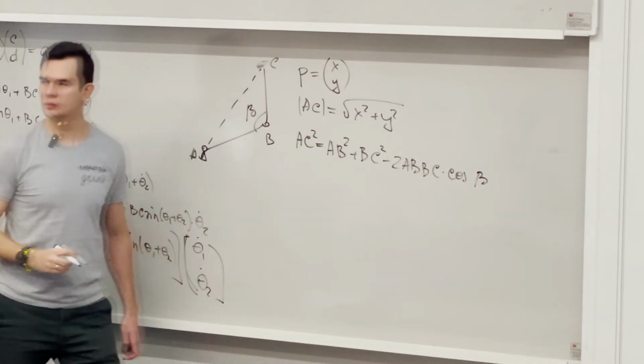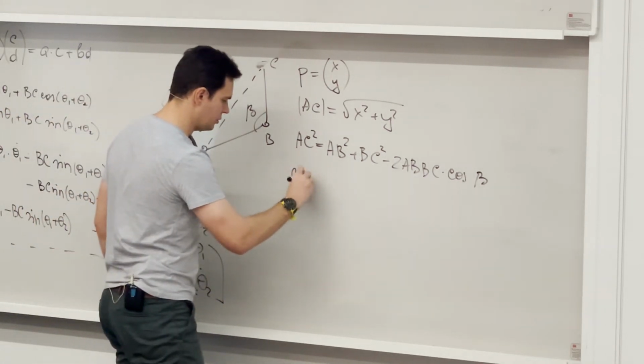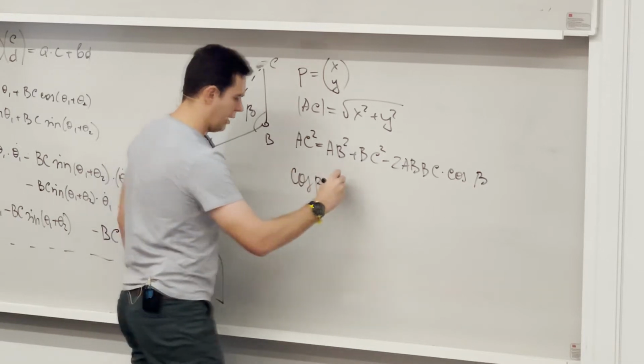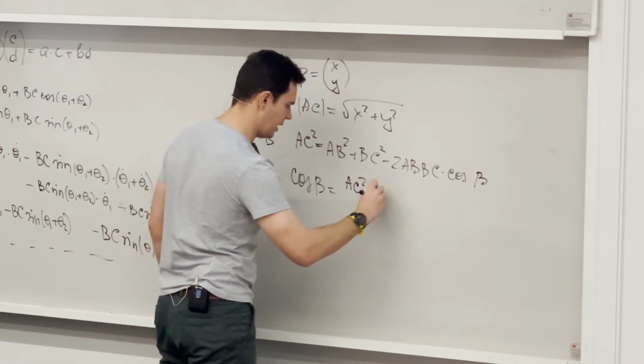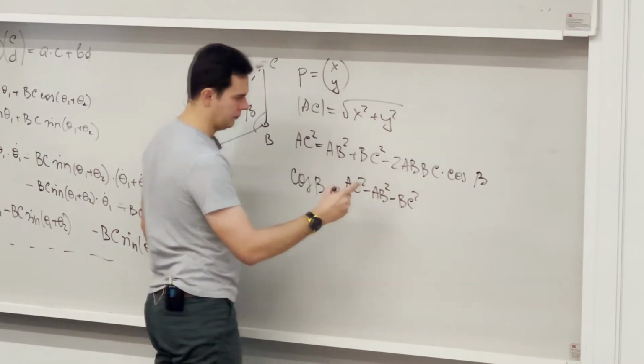Do you agree? From here we can say that cosine beta equals AC squared minus AB squared minus BC squared, over minus 2 AB BC.